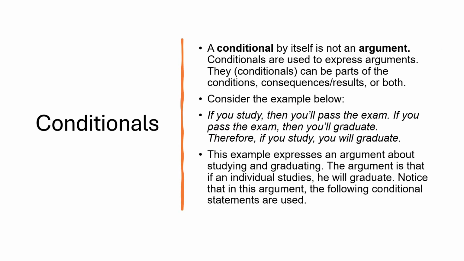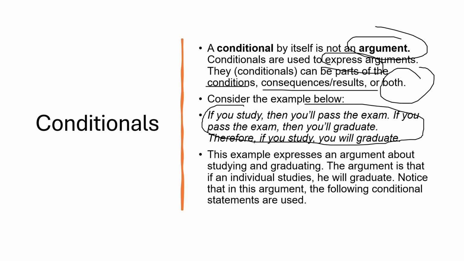So, as you can see, remember, a conditional by itself is not an argument. Conditionals are used to express arguments. Remember that. Conditionals can be parts of the conditions, consequences, or results, or both, like what you have seen in the example. Like, if you study, then you'll pass the exam. If you pass the exam, then you'll graduate.